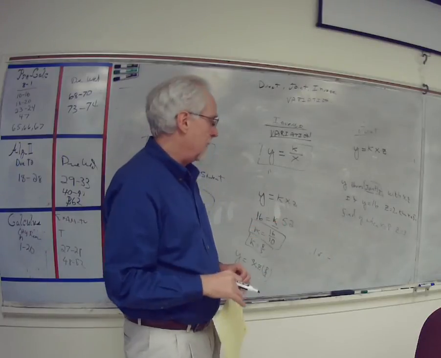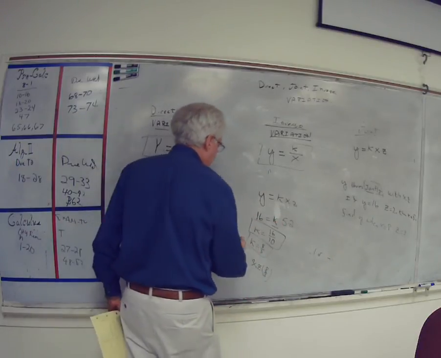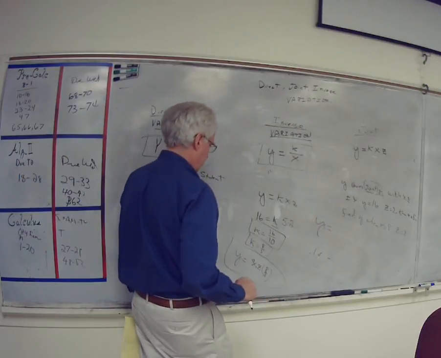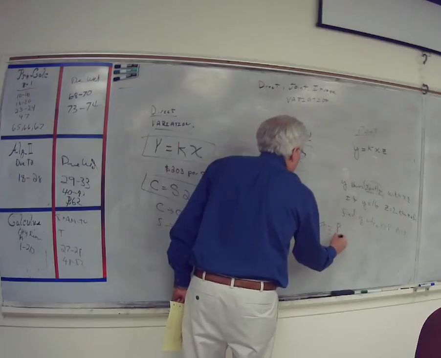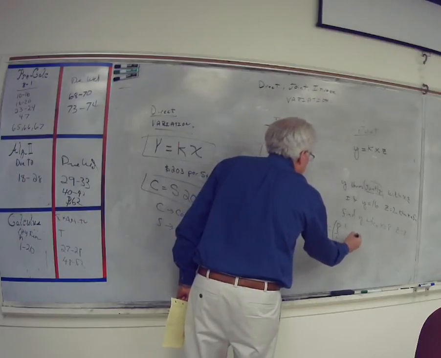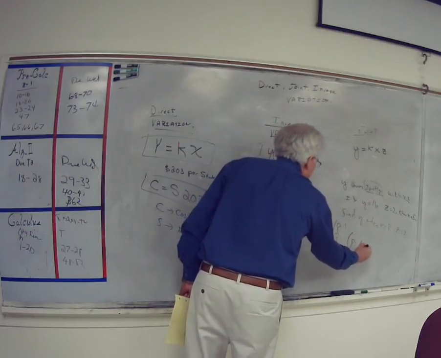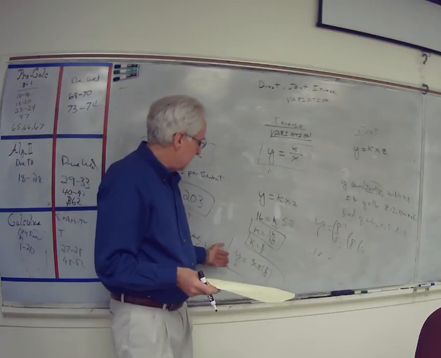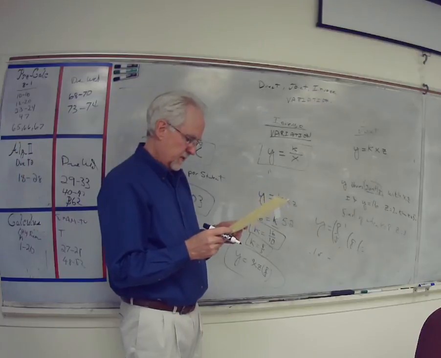Now, Levi, what can I do now? Now that I have this, I say y is equal to what? 8 over 5 times 8 times 3. Does that make sense? Once I write this down, now I can go put the numbers in.